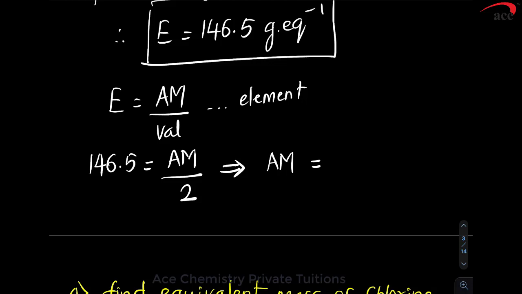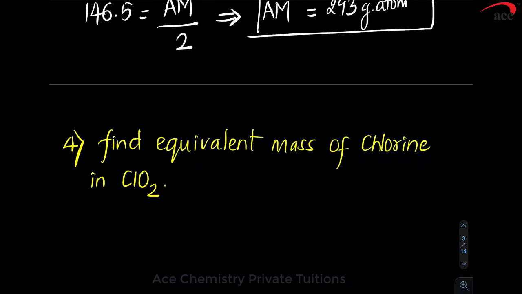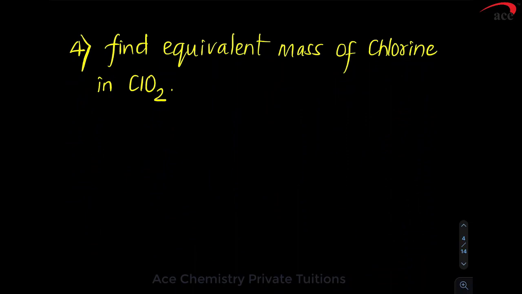So atomic mass will be double the equivalent mass. So if you double it, you will get the answer, 293 gram per atom. So atomic mass is 293 gram per atom.